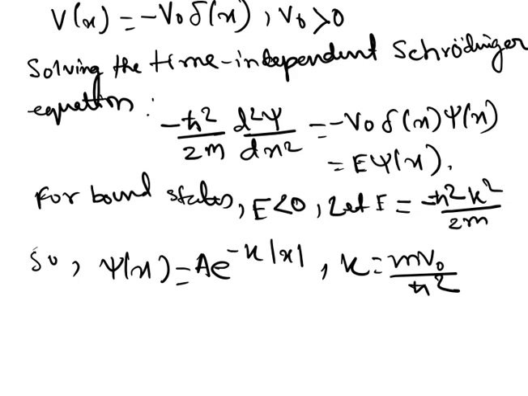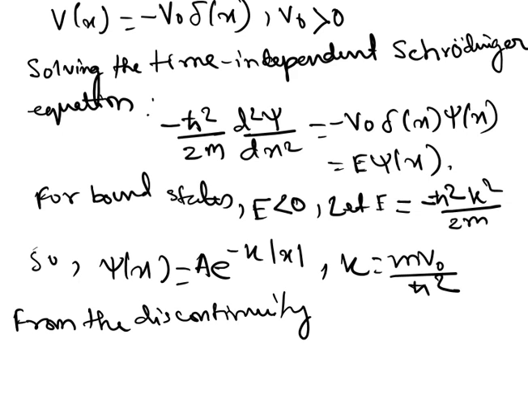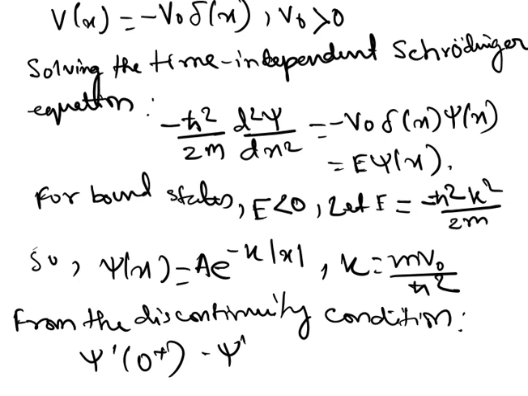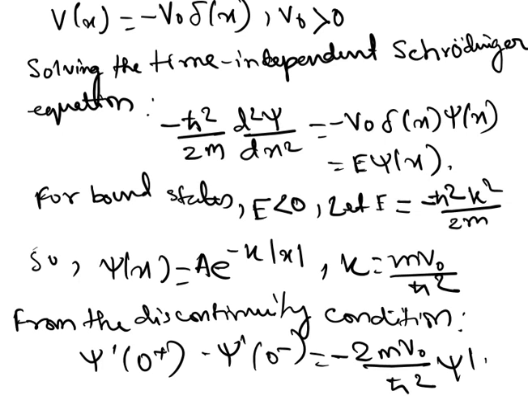From the discontinuity condition, psi prime at 0 plus minus psi prime at 0 minus equal to minus 2m V0 by h cut square times psi 0. So psi 0 plus will be equal to psi 0 minus.